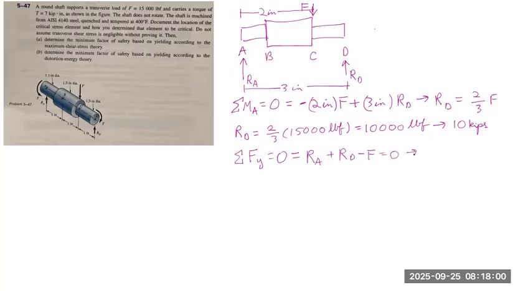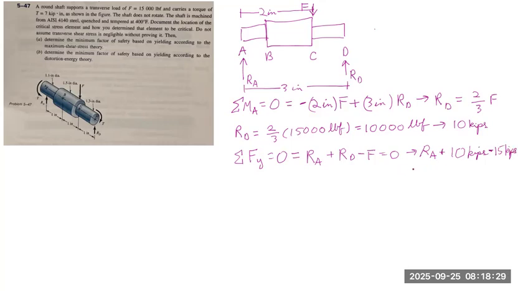So then we have RA plus 10 kips, wait, sorry, this is plus RD, so plus 10 kips, and then minus 15 kips, equals 0. Sorry, I should probably write that equals 0.